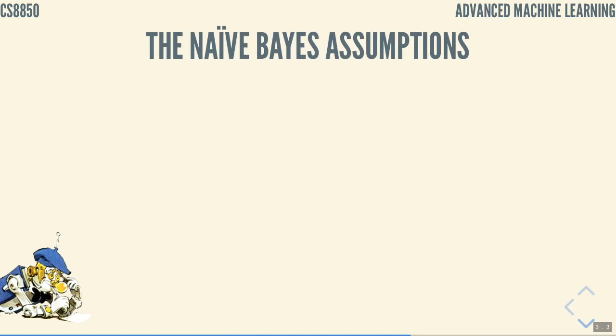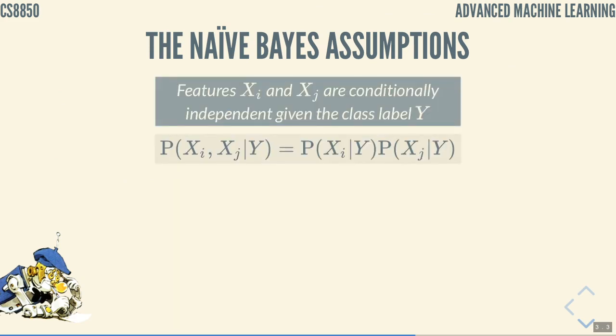Let's make a few assumptions. Let's assume that all of those features in a spam email are conditionally independent given the class label y. So let's say the time of the day when the email came is independent of the length of the email if we know the class.